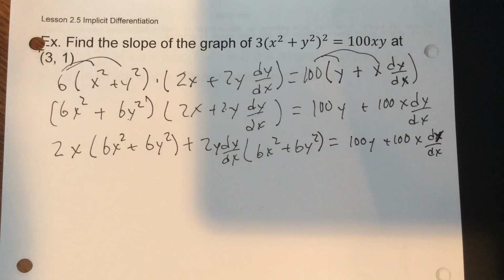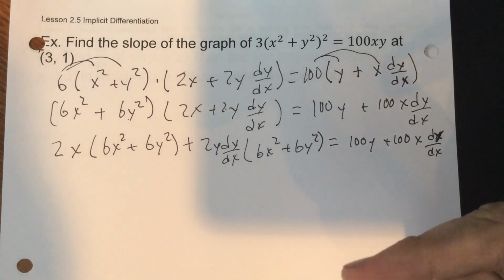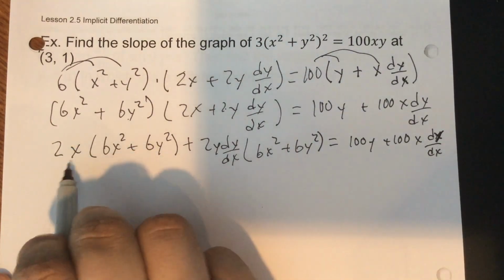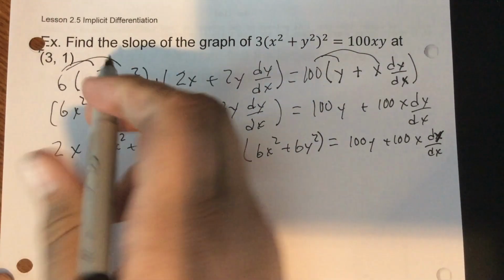So what that allows us to do is we're going to get everything on the one side that has a dy dx, everything that doesn't on the other side. So what doesn't have a dy dx, we're going to move to the other side.